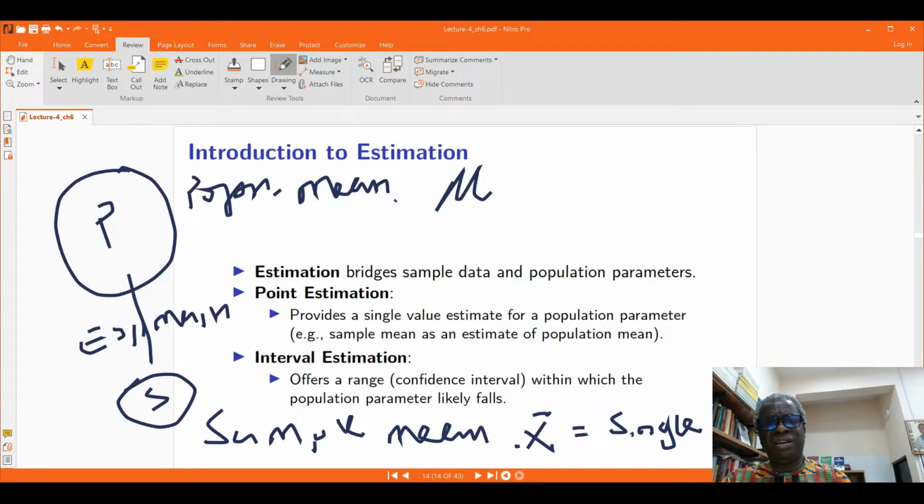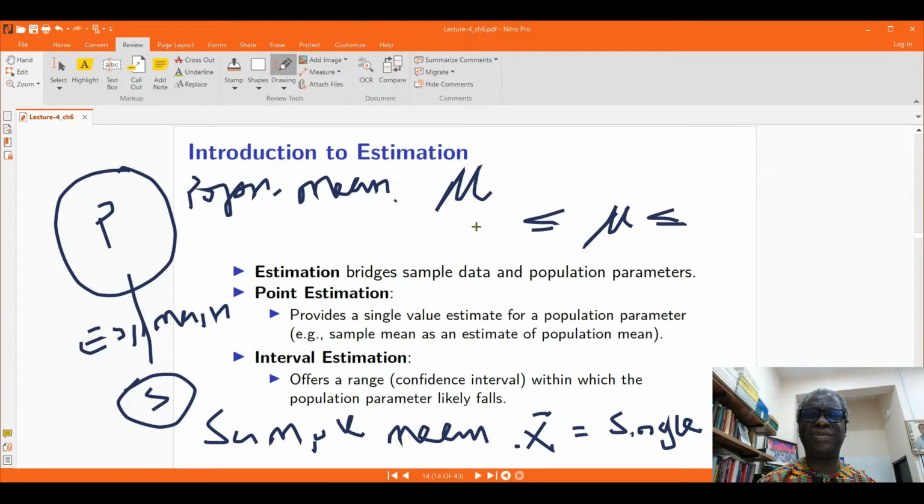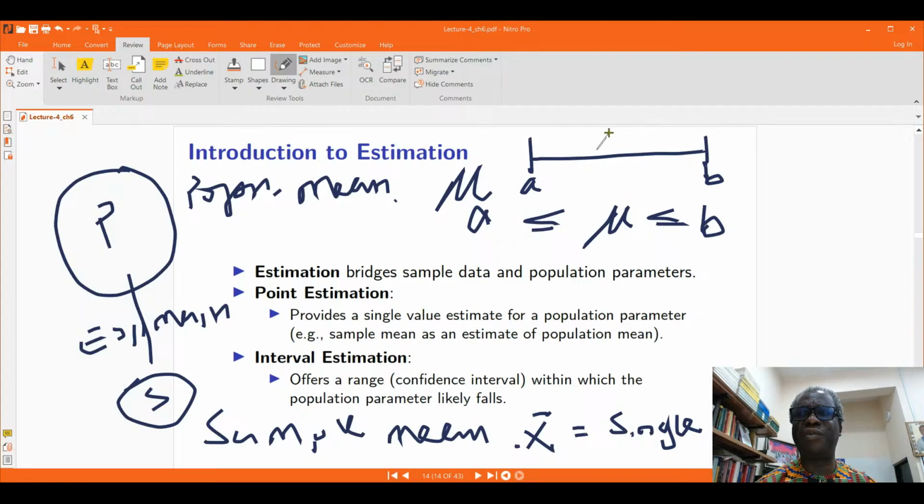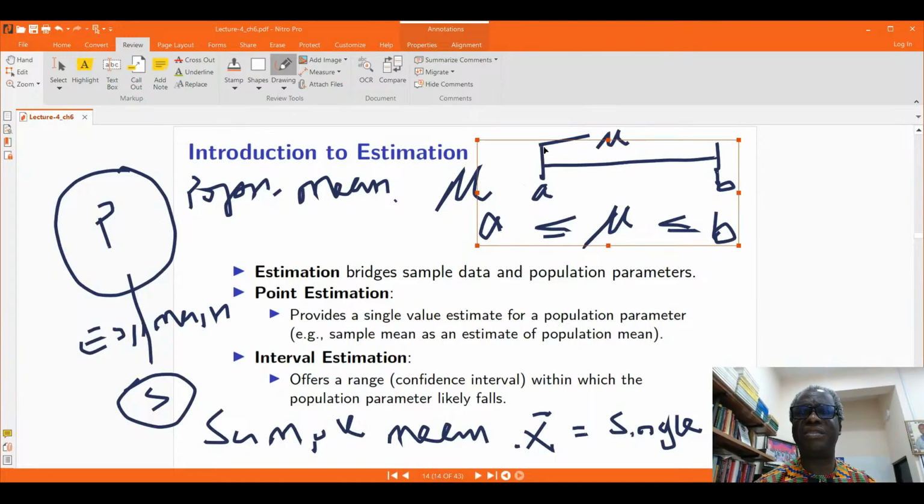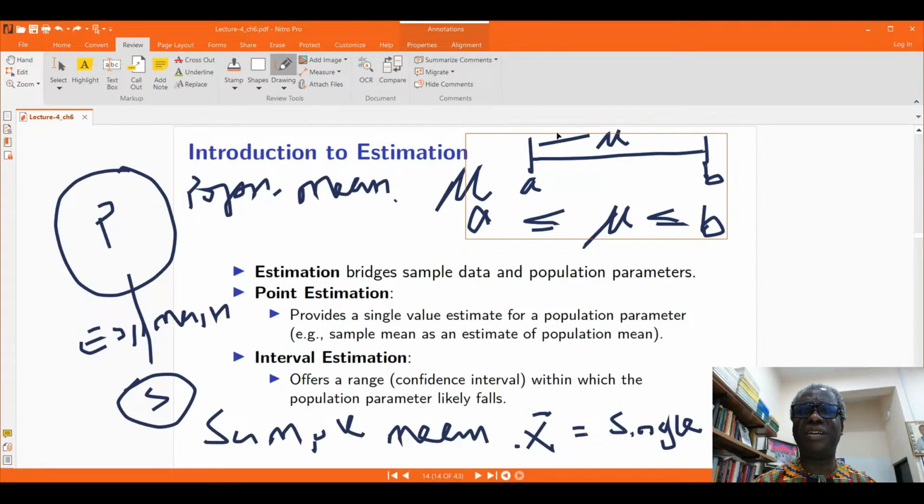But when you now say the unknown population value lies between two values, let's say A, B, in other words, it's like you have a straight line and you have A here, you have B here, and you are saying the unknown population parameter lies between these values.